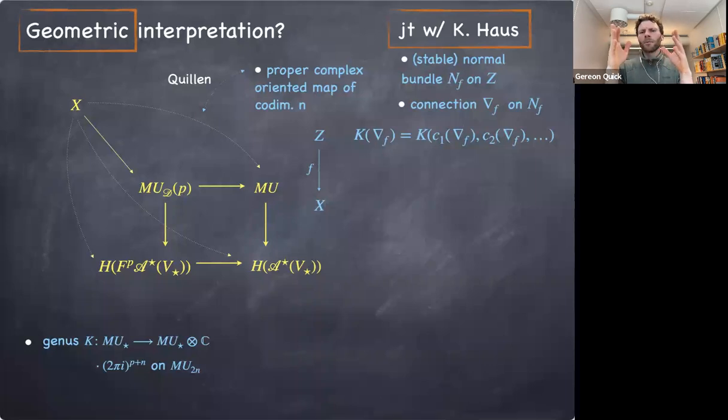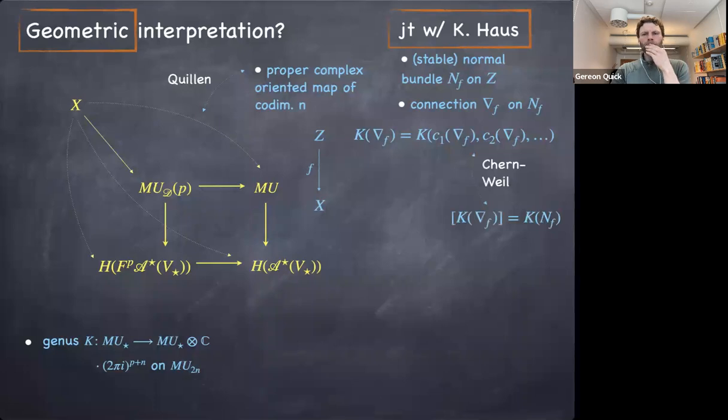Multiplicative sequence, you remember, is a power series, so we just replace the variables by these Chern classes. And then we get an element K of nabla F. By classical Chern-Weil theory, we know that the cohomology class of this form doesn't depend on our choice of the connection. So it just gives us the characteristic class of the normal bundle.